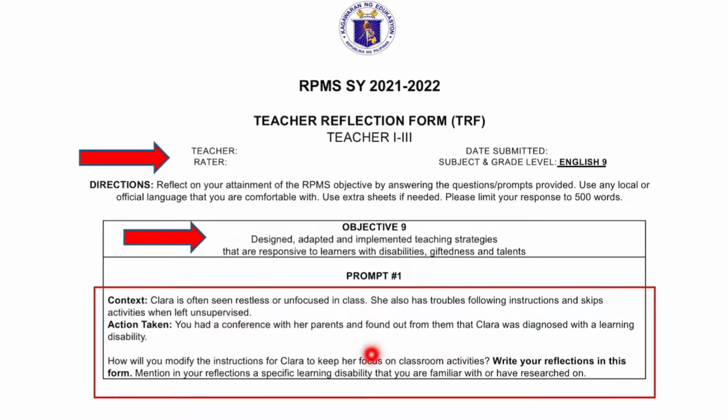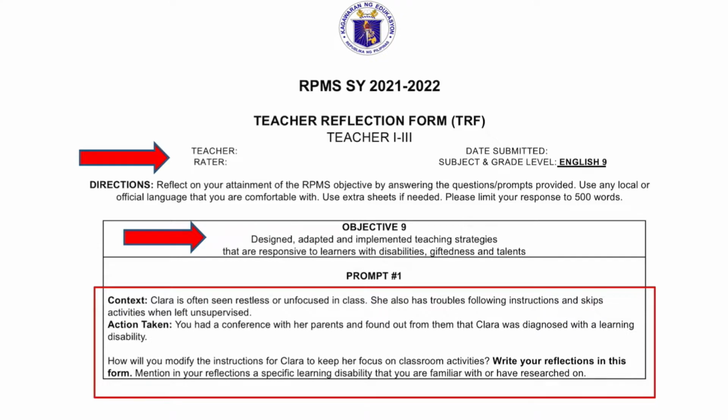So, paano mo i-modify yung instructions para kay Clara? It could be the instruction kung paano ka magturo, or yung mismong i-research just about instruction, yung direction na pagbibigay natin, o kung paano natin i-modify yung pagtuturo natin sa katulad ni Clara na may disability.